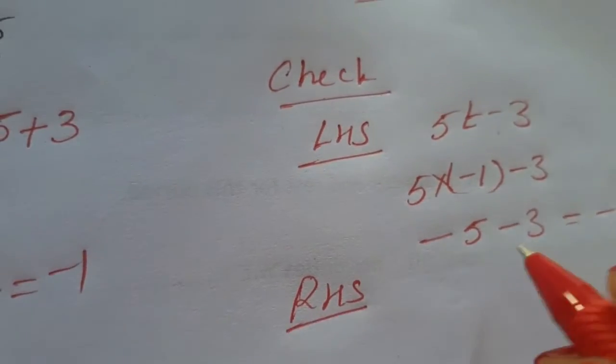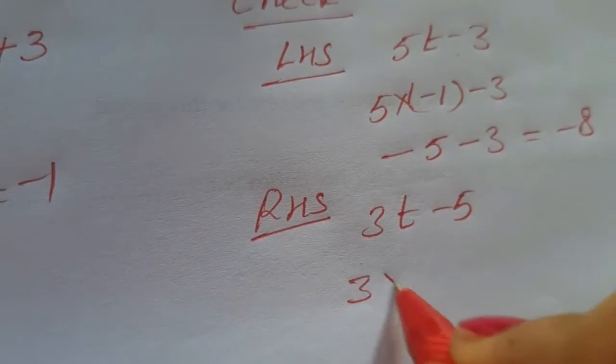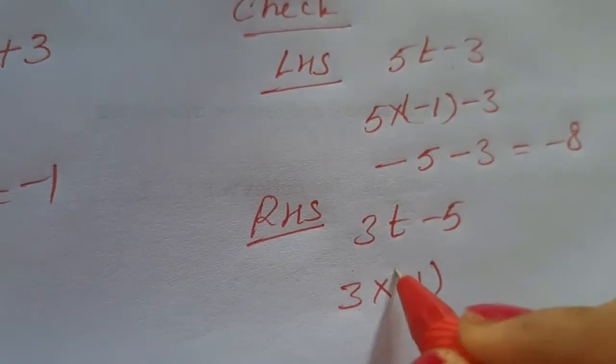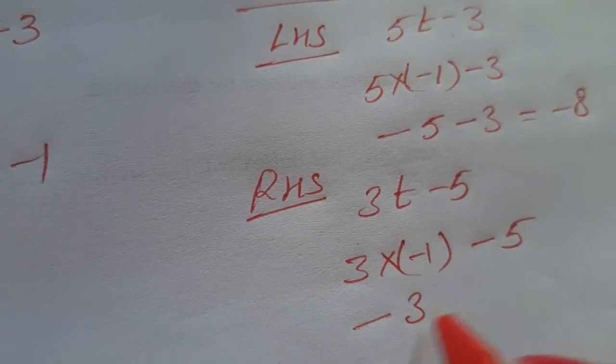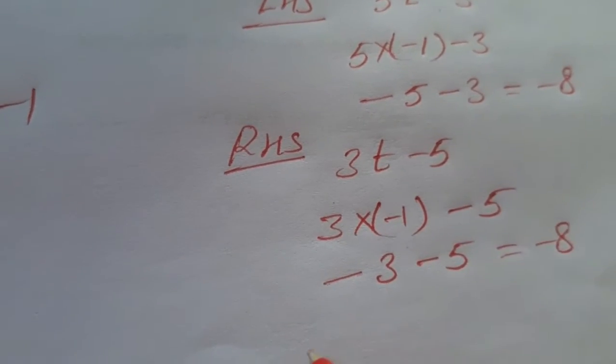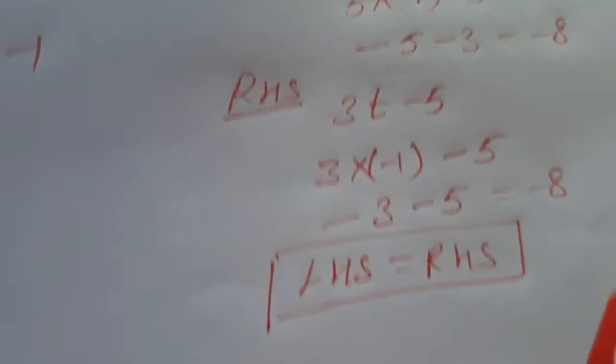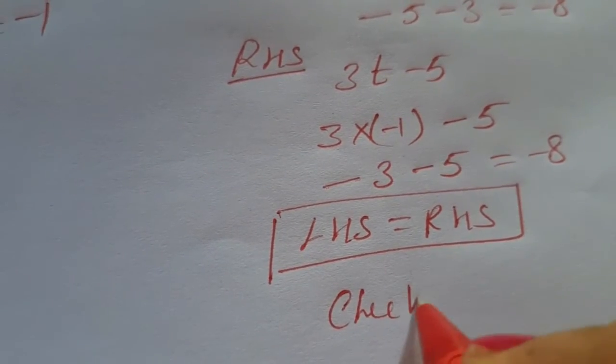Let us check the right hand side as well. 3t - 5, 3 into -1 - 5, that is -3 - 5, again -8. So left hand side is equal to right hand side. The result is checked, and our result is correct.